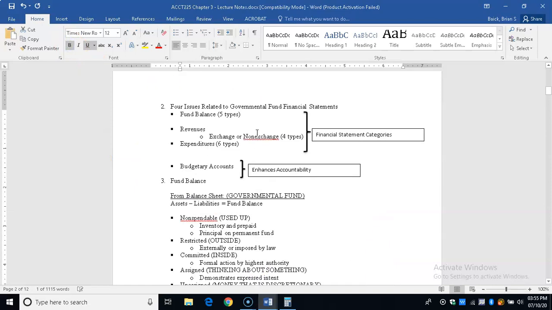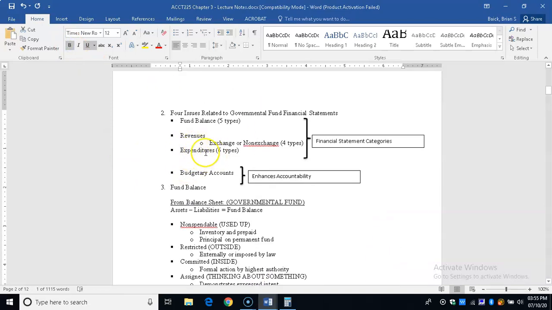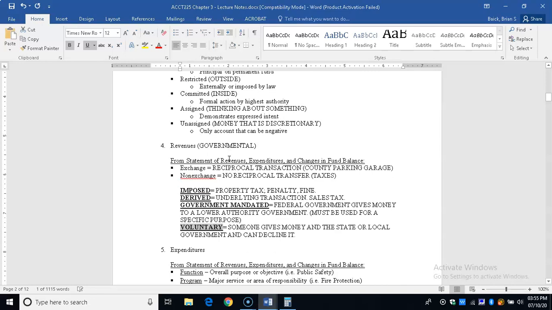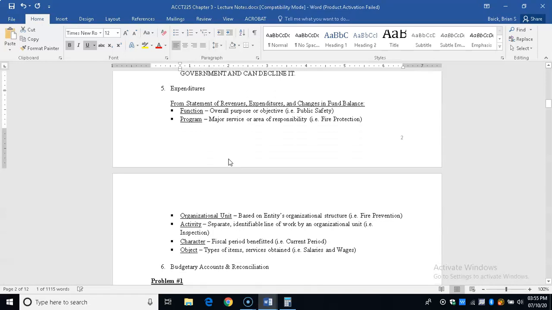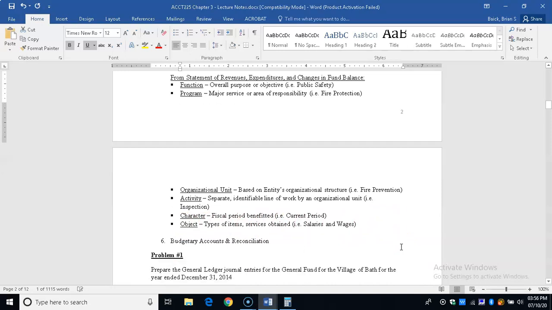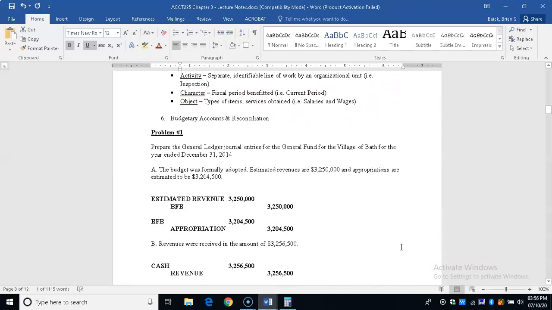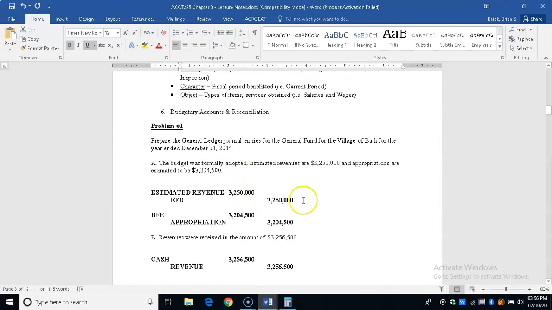Also know that you can have different types of expenditures, right? And expenditures can be either categorized very broadly by function, or you can be more specific and use object. Finally, know that governmental funds do some budgetary accounting. So just know this example here in problem 1.